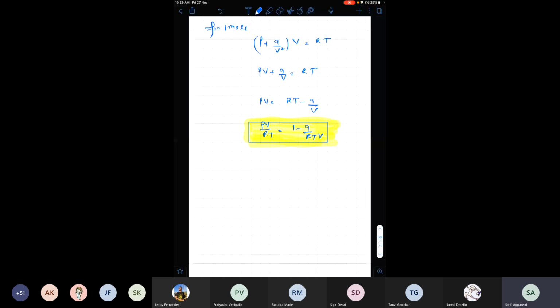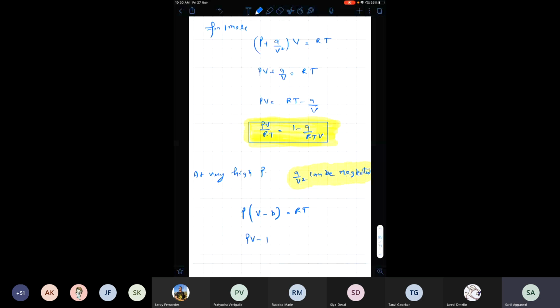Here we will take very high pressure. At very high pressure, a upon V square can be neglected. At high pressure we will neglect this value. So P plus nothing, P into V minus b is equal to RT.